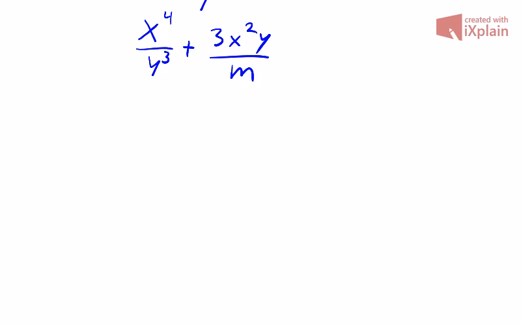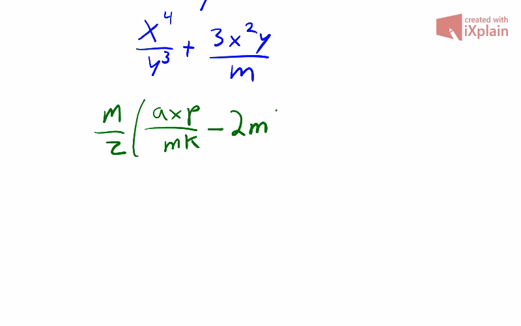After this, we're going to try it with some subtraction. So the problem I would like to try here, let's do this in a nice green color, is going to be m over z times axp over mk minus 2 m to the fourth p to the fourth. Awesome. And we're also going to distribute this. So I'm going to take this right here, and we're going to distribute it to this first term inside of our parentheses.